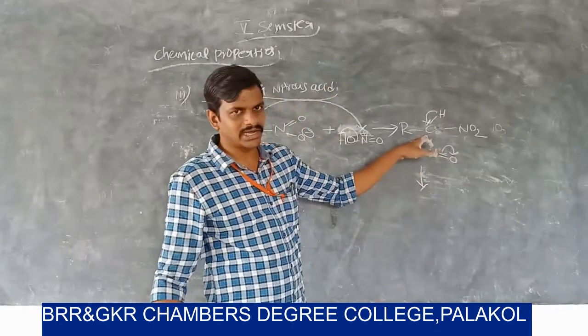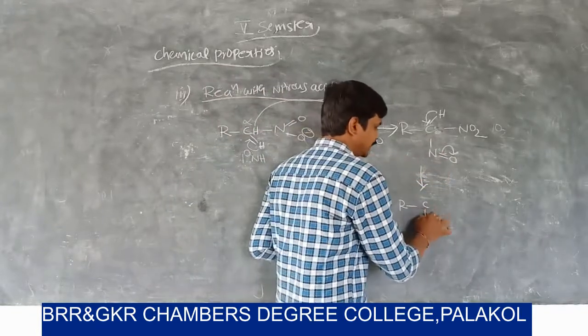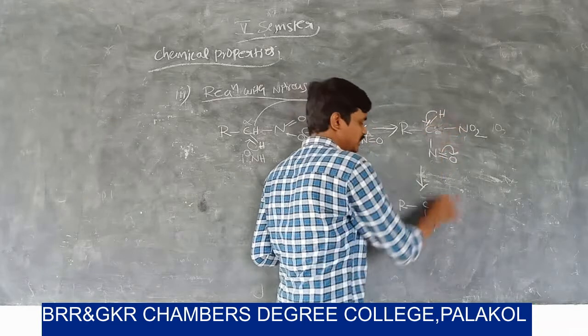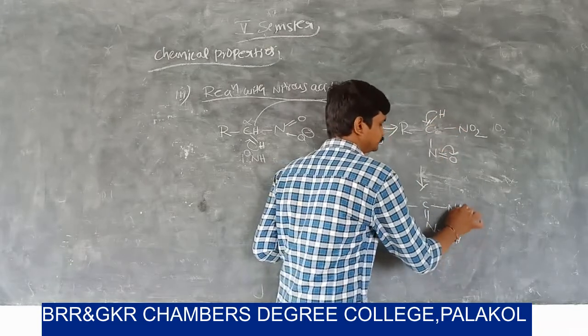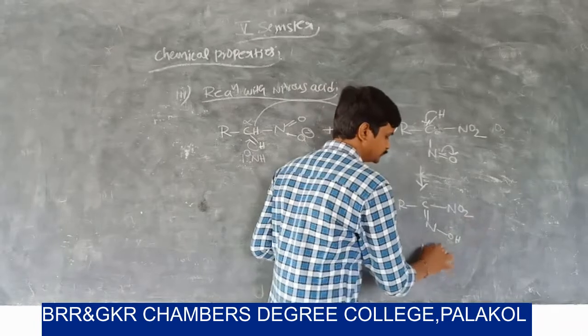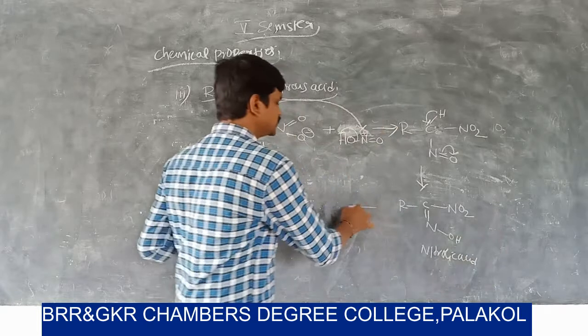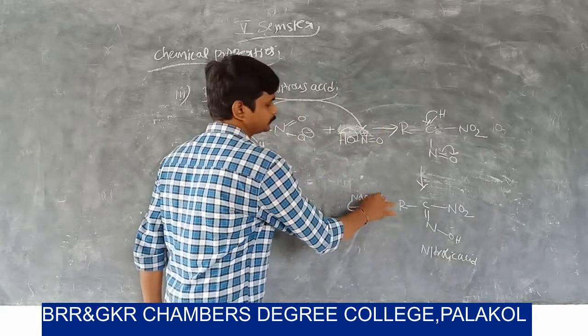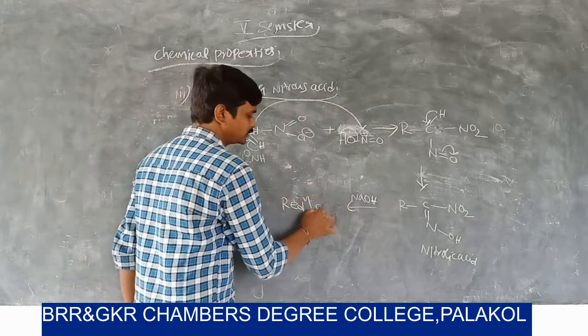The negative charge on carbon and the positive charge on nitrogen generate a double bond, and H plus migrated from carbon to nitrogen. So this is the structure of nitronic acid. On treatment with NaOH, it gives a red color solution.